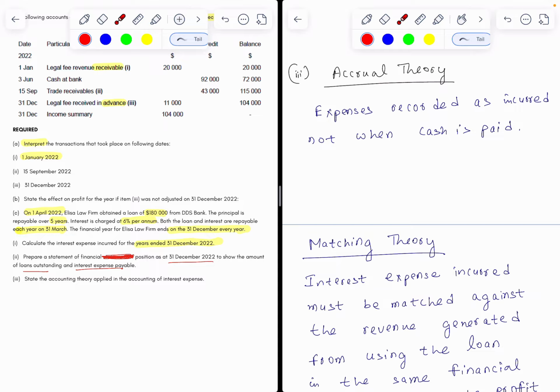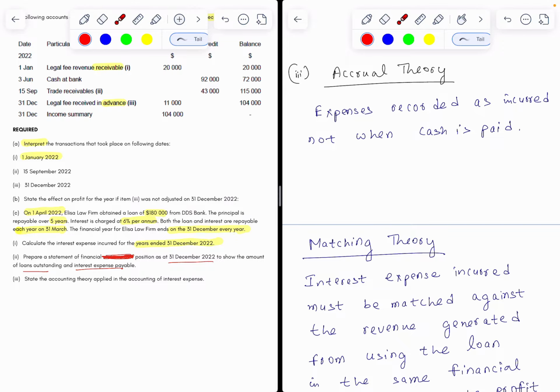So obviously that is what we have experienced in this question for interest expense that we have incurred for the 9 months ending 31 December 2022 to be $8,100, and we are well aware that it is a current liability at 31 December 2022 because we haven't paid for it using cash, all right? Just because we haven't paid for it using cash doesn't mean it is not an expense that has been incurred. So we have justified why we record interest expense incurred using the accrual theory.